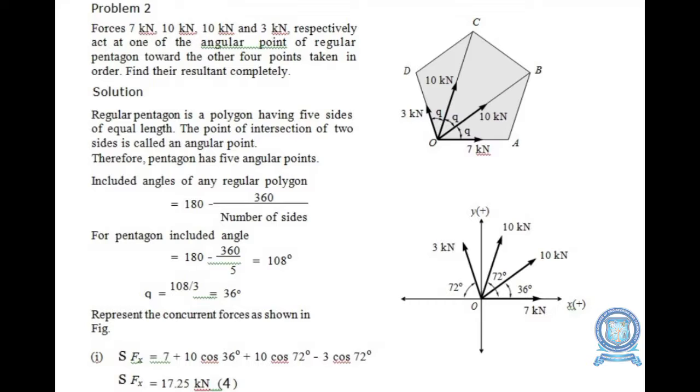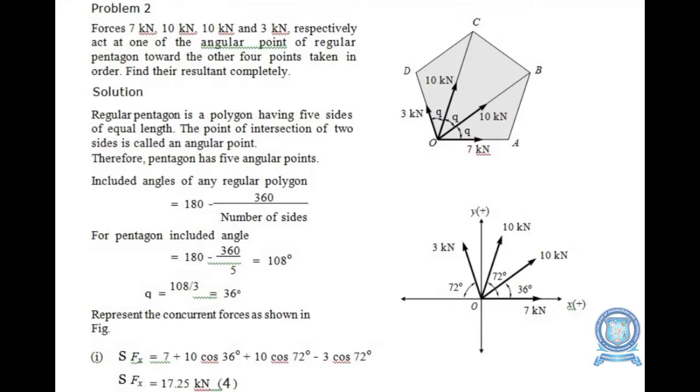So now with this we can easily draw the free body diagram as shown in figure 2, okay. Now we can resolve the forces horizontally. Sigma H, that is sigma Fx, is equal to 7 kilonewton, since it is exactly horizontal, plus 10 cos 36 plus 10 cos 72, that is the third force in the first quadrant, and the fourth force is the 3 kilonewton force which is in the second quadrant, minus 3 cos 72.